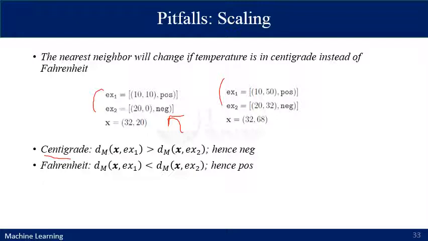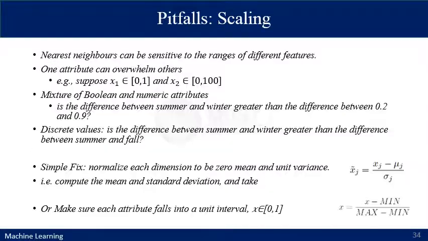However, if you use the Fahrenheit distance measure, you can see example 1 is less than example 2. Therefore, example will be marked as positive. So therefore, you have to use the same scaling for each attribute or feature vector.